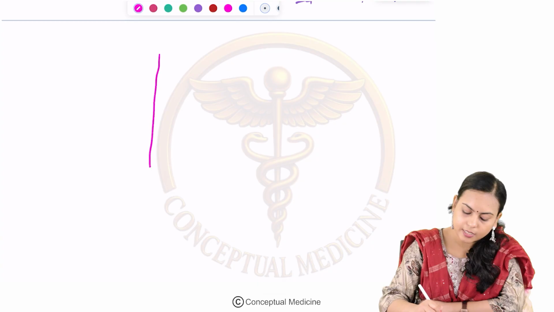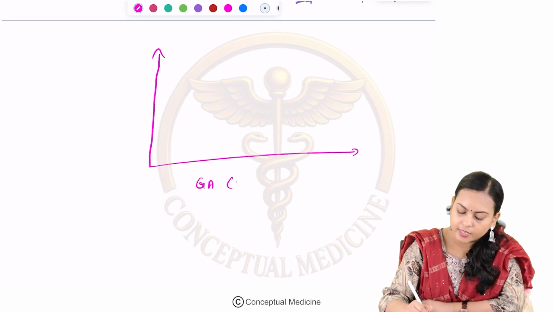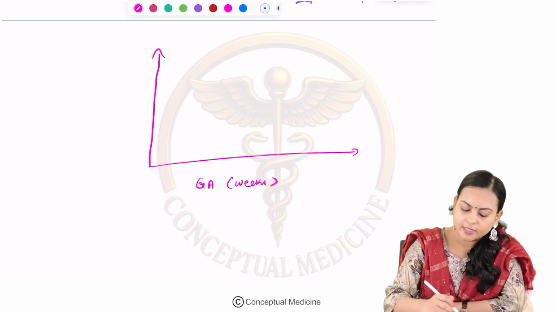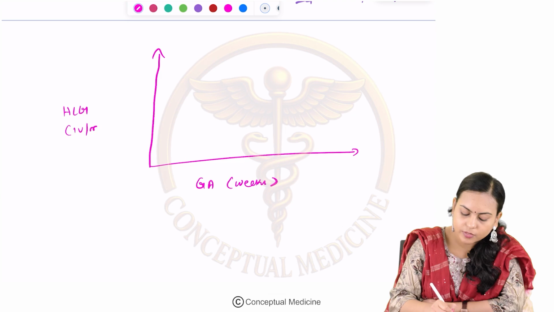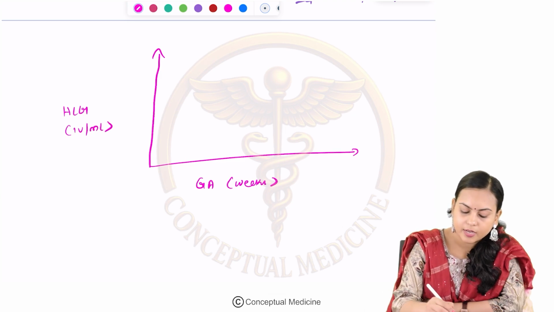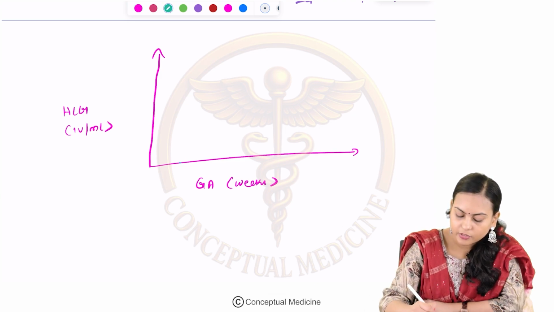So, if we draw a chart for this, I am going to keep the gestational age in weeks down and the HCG hormone levels in international units per ml here. Okay. So, the production is going to start by 8 to 9 days of gestational age.